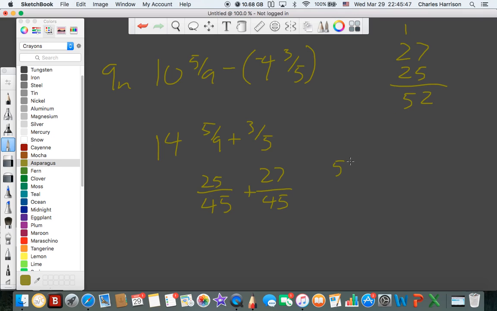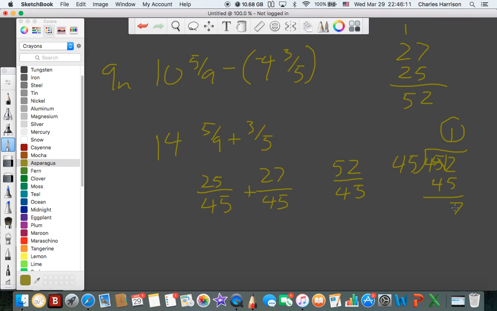So now we have just slightly too big of a number. So I have to use long division to figure out what the mixed number would be, because right now we have an improper fraction. 45 goes into it one time. Change this to a 4, change this to a 12, it turns to a 7.